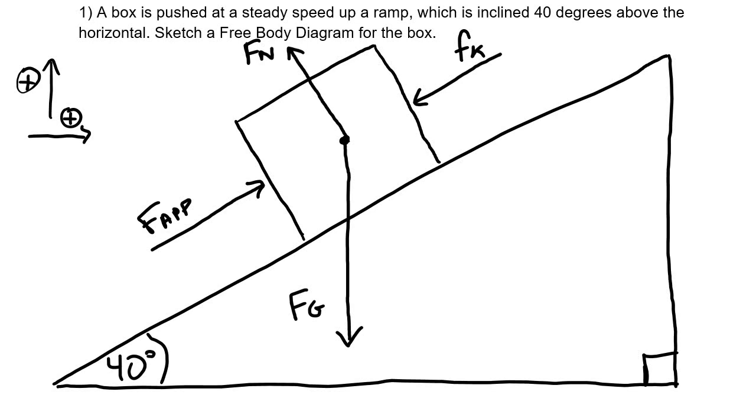Maybe instead of saying that these are our positive directions, what if we were to rotate these a little bit? What if I say this is my positive direction, and this is the positive direction? All we did was a simple rotation, and guess what? Now this force is in line with this one, this force is in line with this one, and this force is in line with this one. The only force that's not in alignment with the way we're defining our positive forces is this one over here.